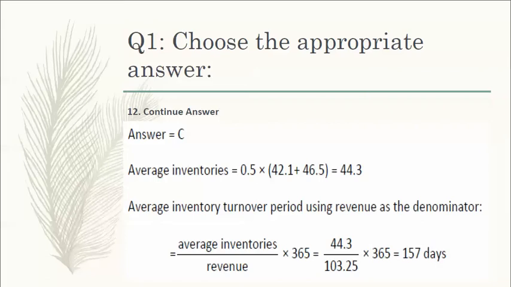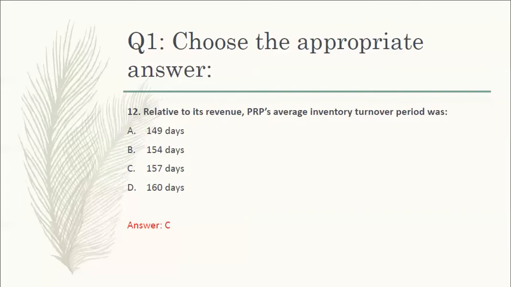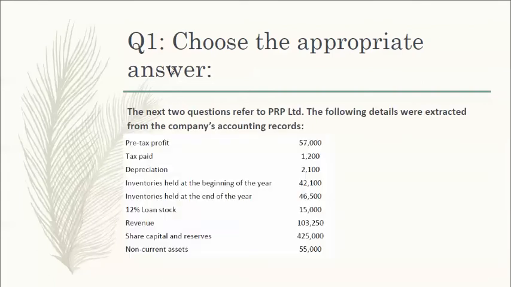When we refer back to the figures given in the question, we get that the inventory at the beginning of the year is 42,100, and the inventories held at the end of the year equal 46.5 thousand.